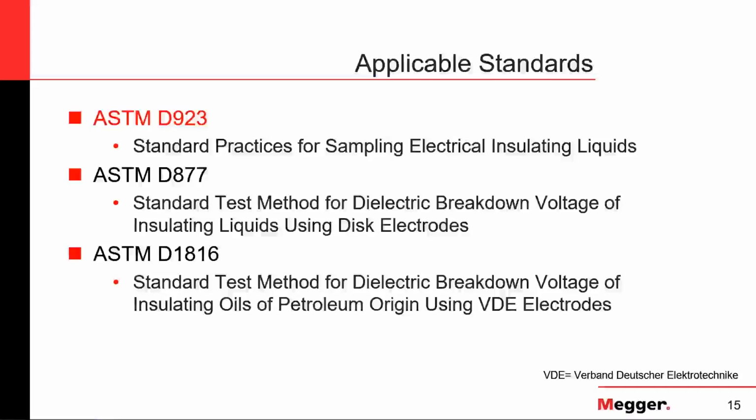It's of paramount importance that we follow all the recommendations listed in the standard to achieve accurate results, so we can have a valid analysis of the oil we are testing.